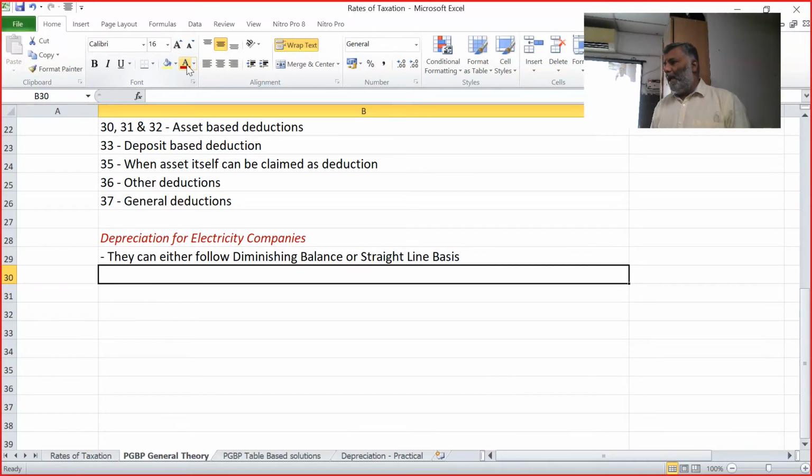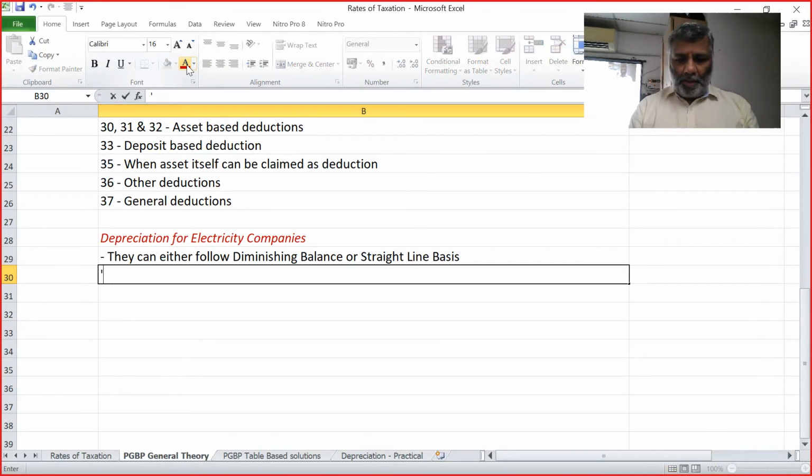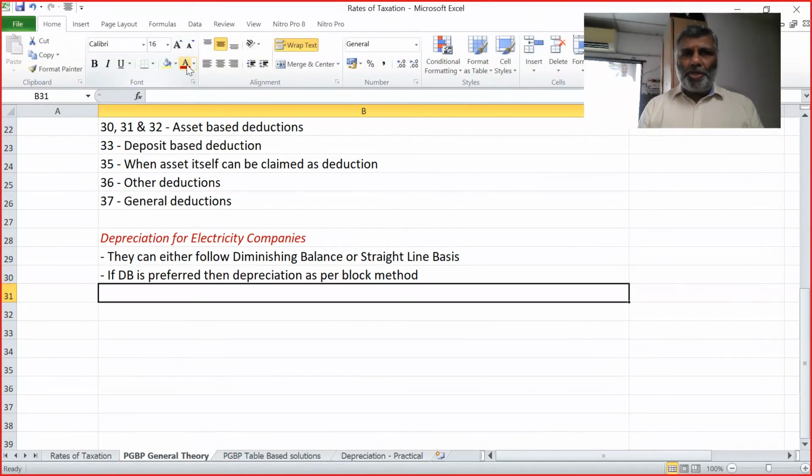They have the option of following either the diminishing balance method or the straight line method. If diminishing balance is preferred, then depreciation as per block method, block of assets, they can claim additional depreciation, all those things.